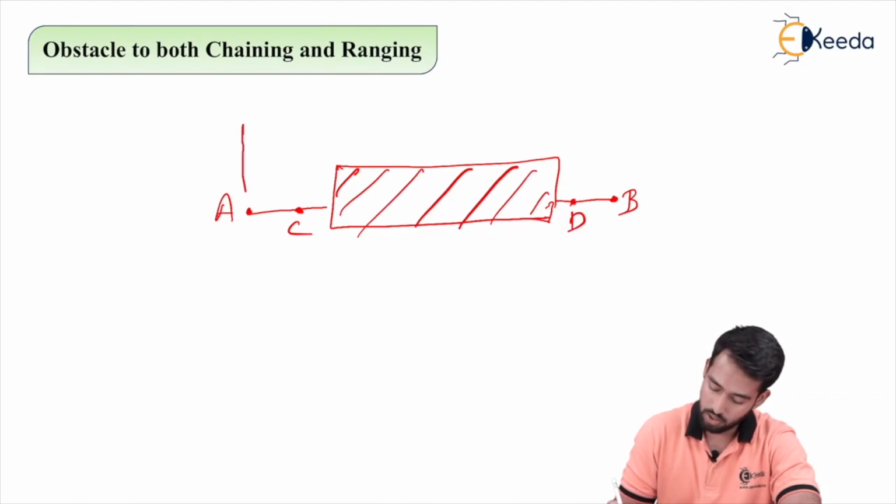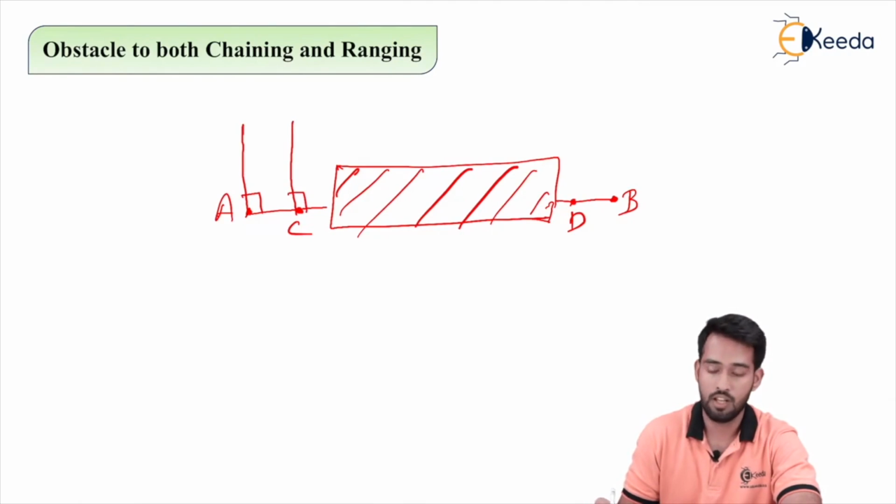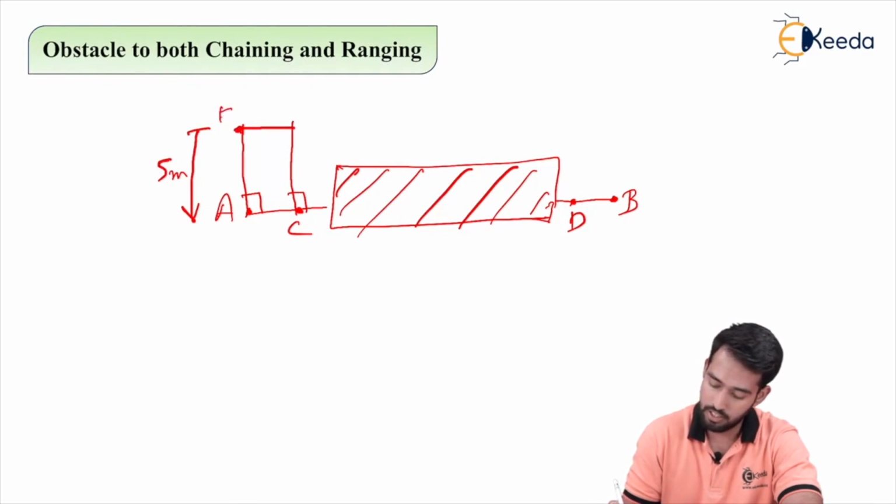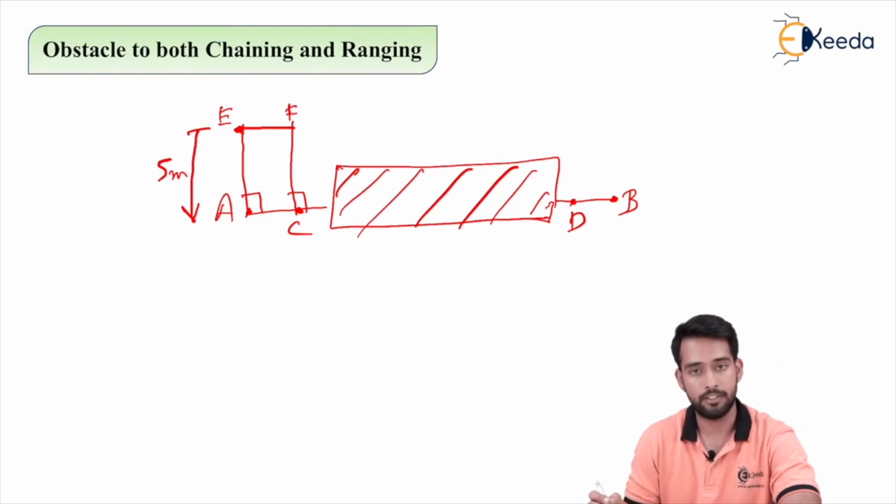From A, draw a perpendicular. Same from C, also draw a perpendicular. Join these two points at the same distance, for example, 5 meters. So from A, this point E is at 5 meters, and from C, point F is at 5 meters.